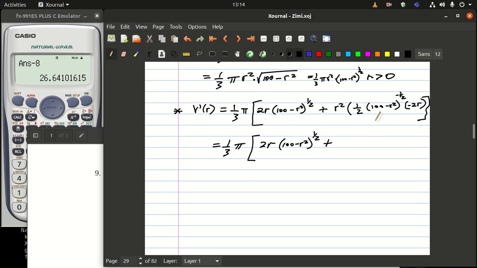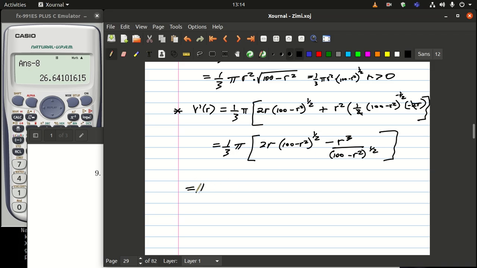The next thing you want to realize is that this 2 here will cancel out with that 2, and then instead of a plus I have that minus, and I have a plus, so we'll end up having a minus r, and then r times r squared, which gives r cubed. It's negative, so it goes to the denominator, and it's going to be positive 100 minus r squared raised to 1 over 2. I think that is just it about this whole thing.